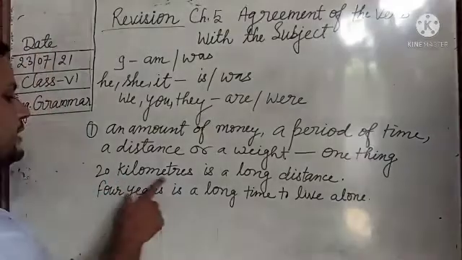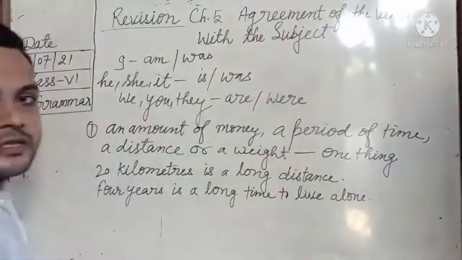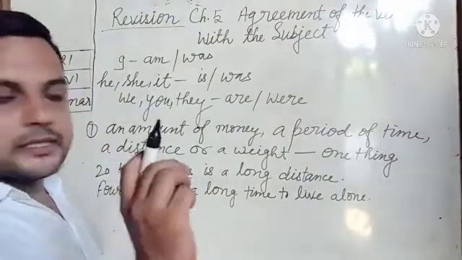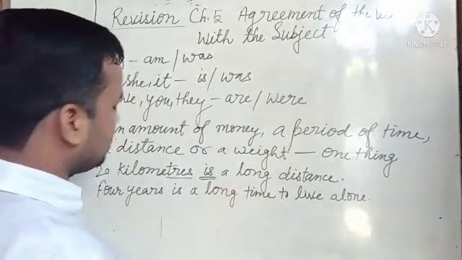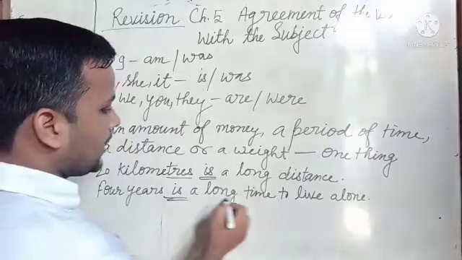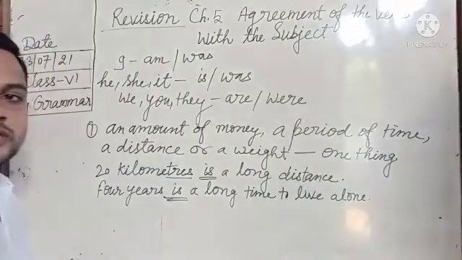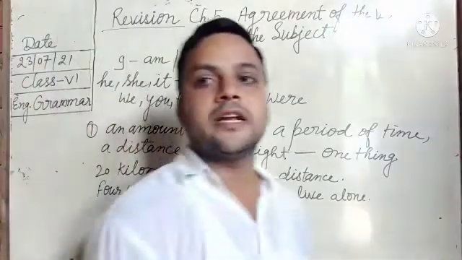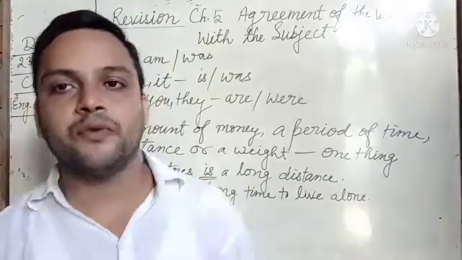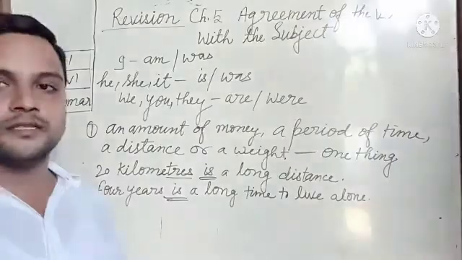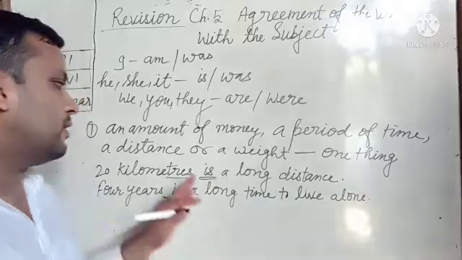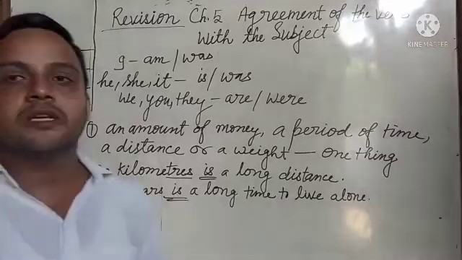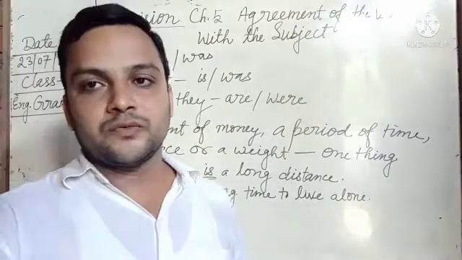For example, 20 kilometers is a long distance. Here it looks like plural, but it is considered as one thing, so we use a singular verb. 4 years is a long time to live alone. Here we use is, a singular verb. An amount of money: rupees 1000 is a good amount for anyone. So we use a singular verb with an amount of money, a period of time, a distance or a weight, because it is considered as one thing. Okay.